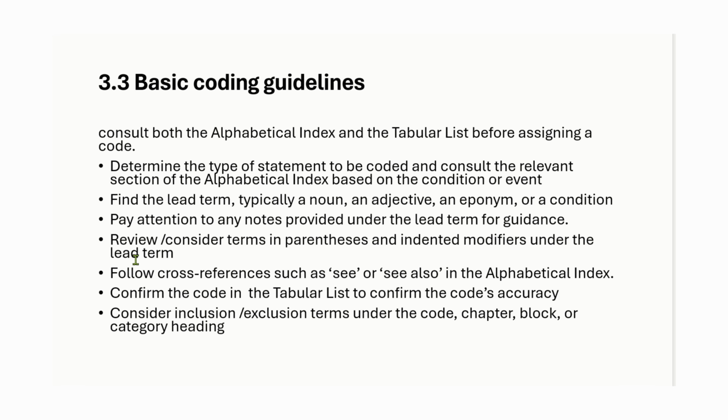You look for the lead term, usually a noun or adjective, an eponym or a condition. You should always pay attention to any notes provided under the lead term for guidance. Then review and consider terms in parentheses and indented modifiers under the lead term. Then follow cross references such as "see" or "see also," and confirm the code in the tabular list. Always consider what the inclusion and exclusion terms state.